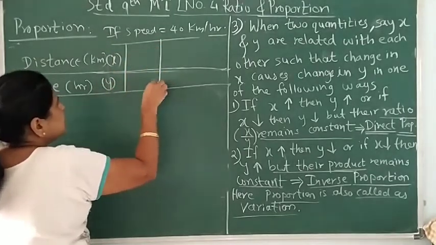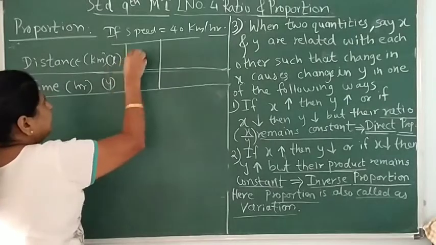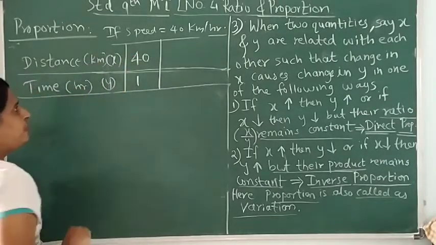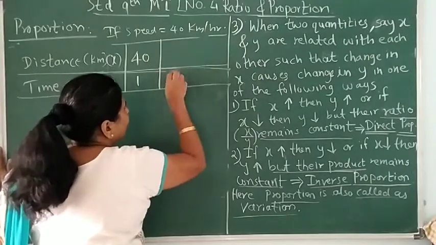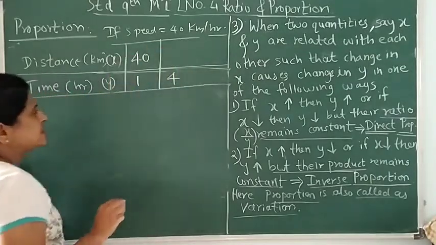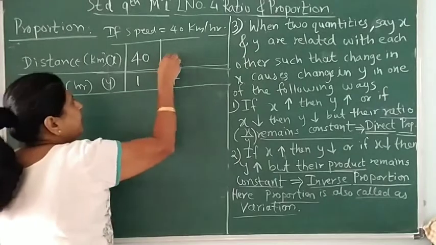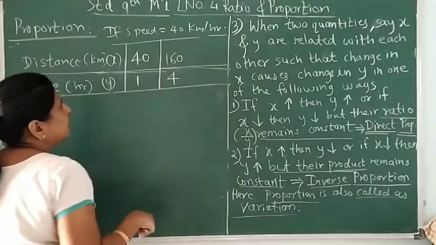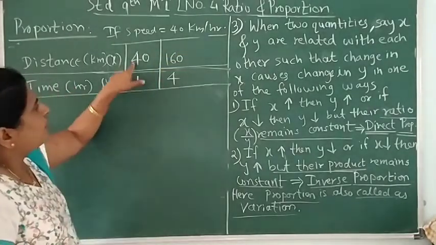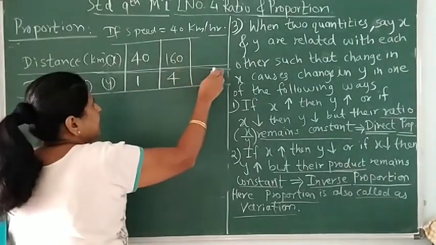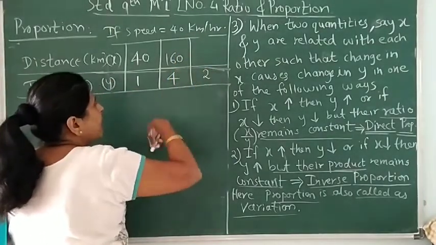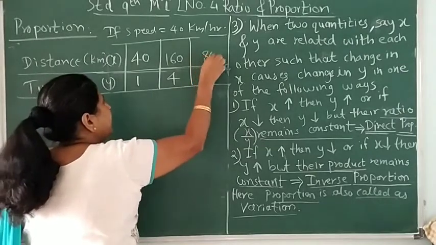If the car travels for 1 hour, the distance covered will be 40. If the car travels for 4 hours, how much distance will it travel? It will travel 160. In 1 hour 40 kilometers, then in 4 hours 160 kilometers. And if it travels for only 2 hours, then it will travel 80 kilometers.